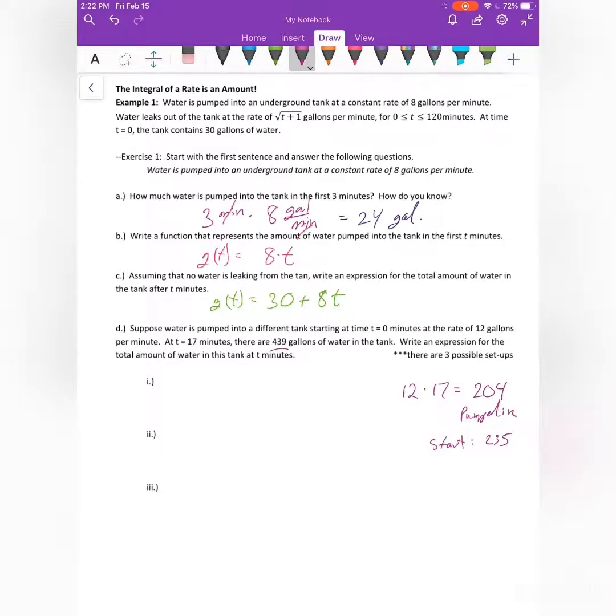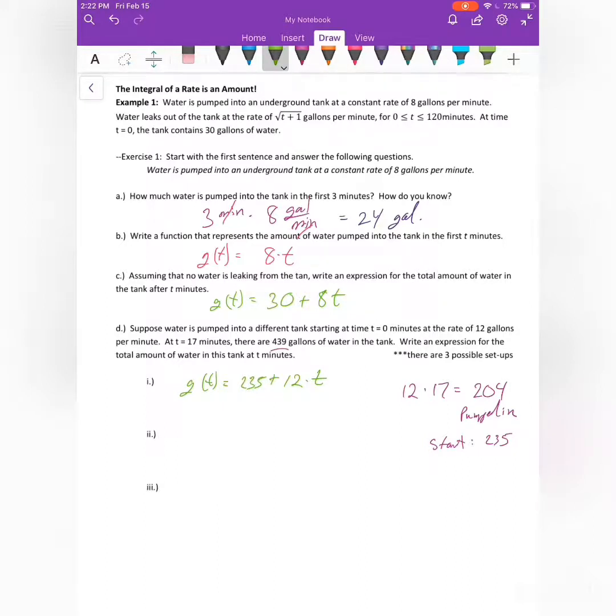So we could do something similar to that green equation there, and we can say, okay, well then G of T would be the starting amount, which we calculated to be 235, plus the rate in, 12 this time, times any time. And that is an equation that will tell us at any time how many gallons are in this tank, or in this tank being filled up with water.